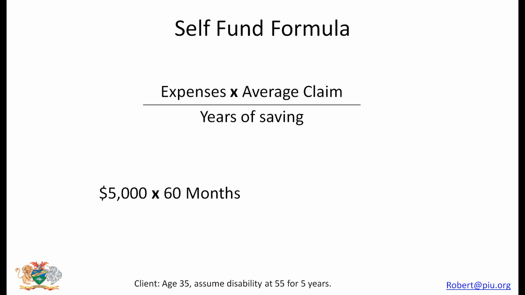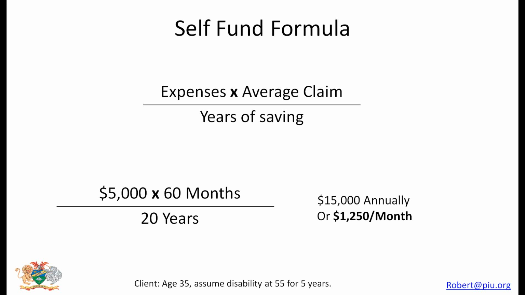So we take that lump sum. Again, he's age 35, and plans to be disabled at 55. That gives him 20 years to save that amount of money. Once we plug this into the equation, we find out he would have to save $15,000 a year, or $1,250 per month.